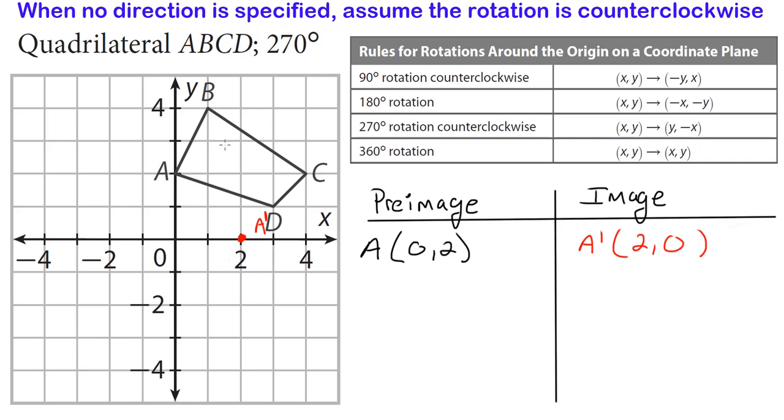Now the rest of the points are a little trickier. Some of you might see it and some of you might not. So let's rotate B, our 3 90-degree rotations counterclockwise. So if you look at B, B is 1 step off of the y-axis at +4, right? So if I rotate it 90 degrees counterclockwise, I'm going to end up here, which is one step off of -4 on the x-axis.